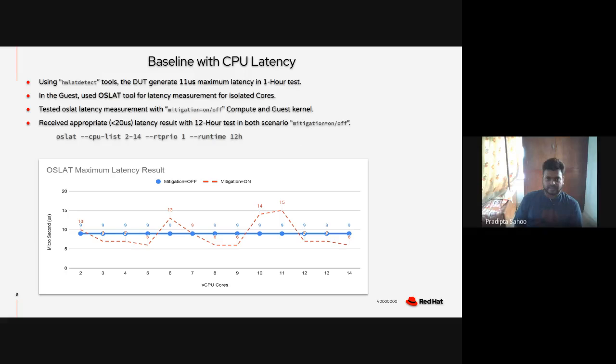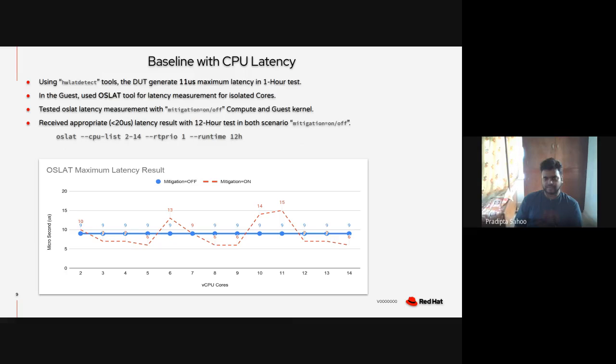Inside the guest, we tried the latency measurement using the open source OSLAT tool. It's mainly useful for latency measurement of the isolated core inside the guest. We have done the testing in two phases, using the kernel boot parameter mitigation on and off. So with mitigation off, we achieved deterministic latency, where the maximum is 9.